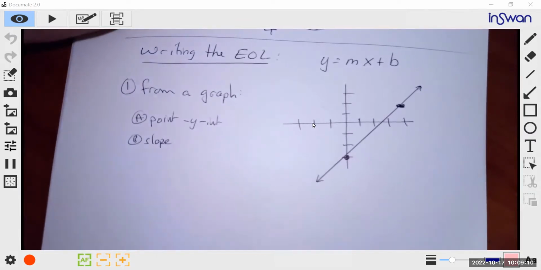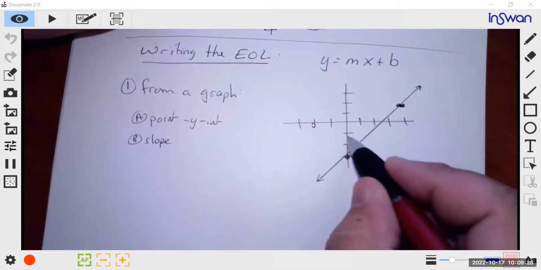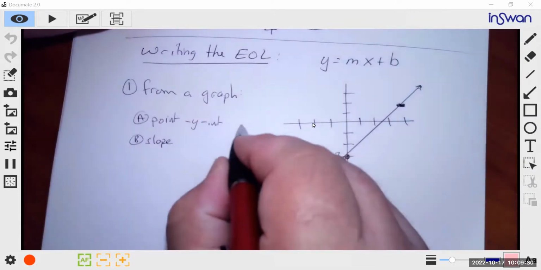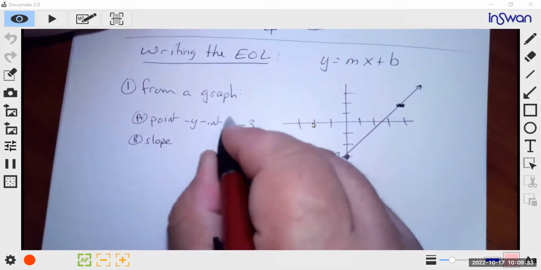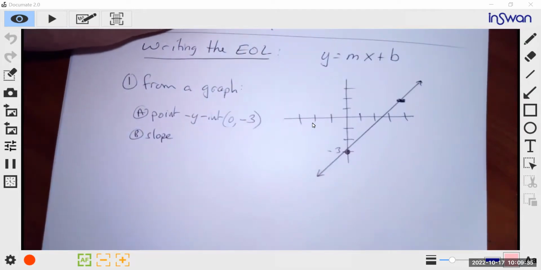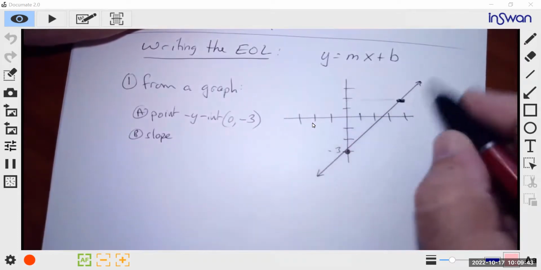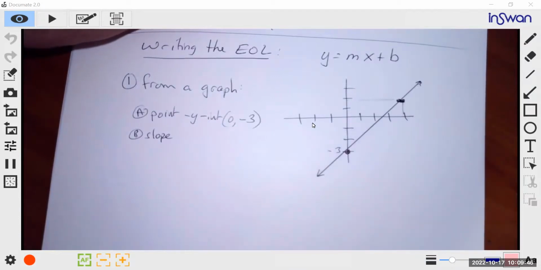So what do we know about this line? Do we have the y-intercept? 1, 2, it's -3. So the y-intercept is at -3. What's the slope?